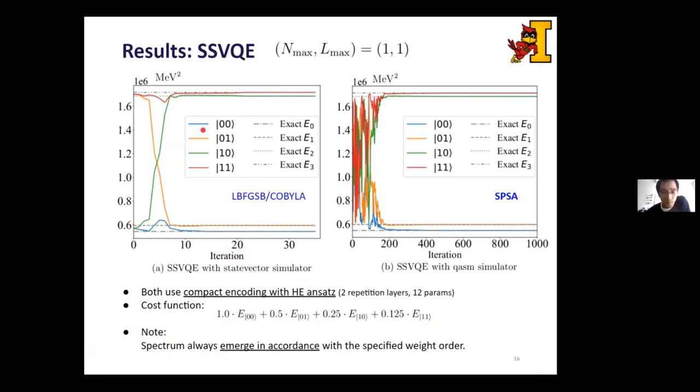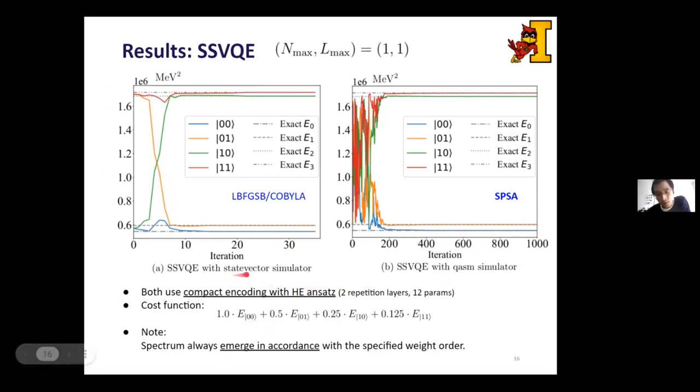And as you can see on both figures, on the left with the state vector simulator, the 0,0 state represented by the blue line will gradually evolve to the ground state, and the 0,1 initial state will gradually evolve to the first excited state, regardless of their initial position, because the initial parameters are random, so they could be anywhere. But you can see the spectrum always emerges in accordance with the specific weight order that you set in your cost function. A similar observation can be seen on the right as well.